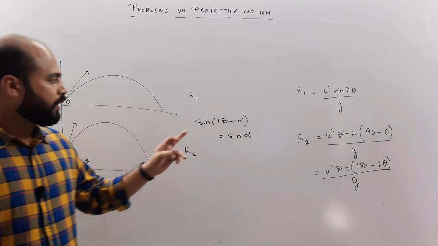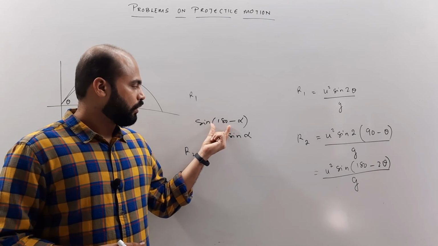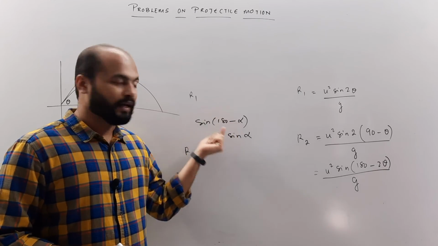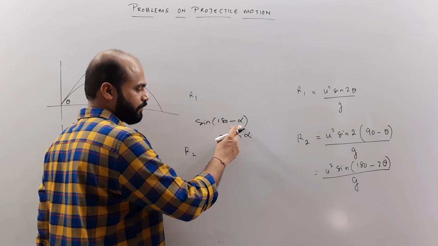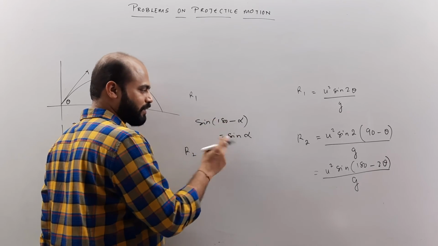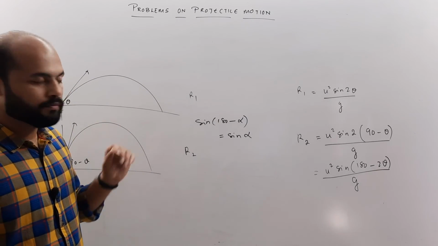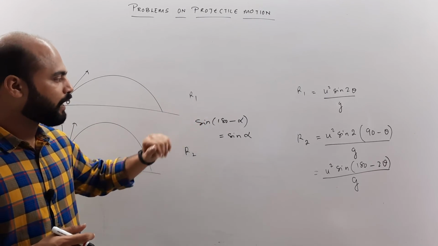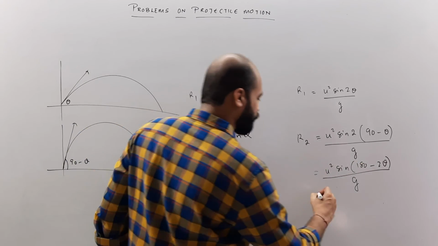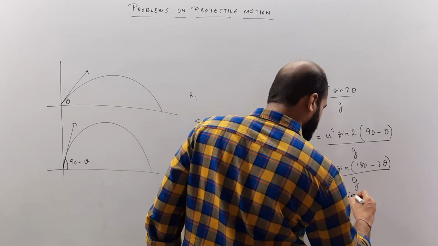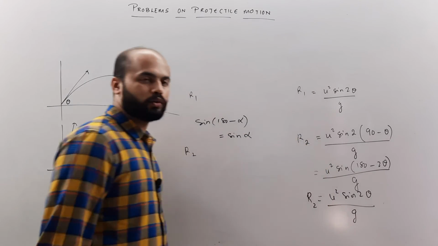For example, if alpha becomes 120, I can write this as 180 minus 60. So sine of 180 minus 60 is the same as sine of 60. Anyways, this is not the point over here. However, mathematically you should know that sine of 180 minus alpha is sine alpha. If that's the case, then this will be u square sine of 2 theta by g. This is the range R2 that we are getting.